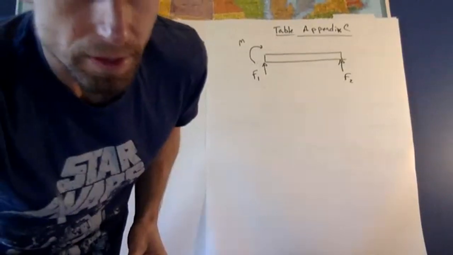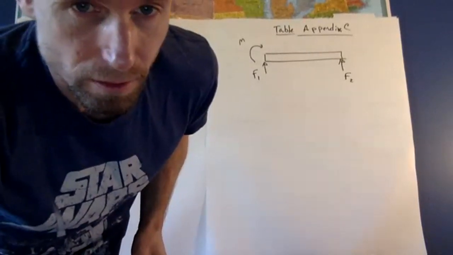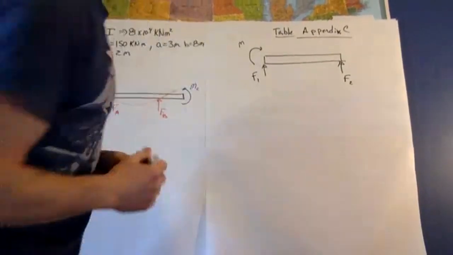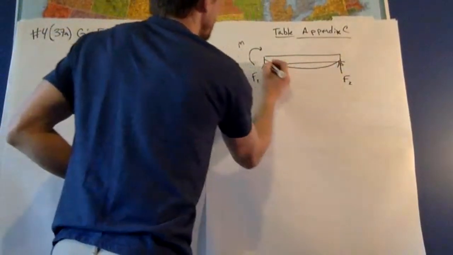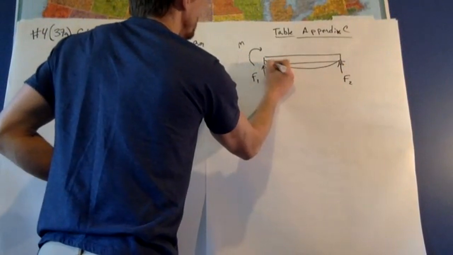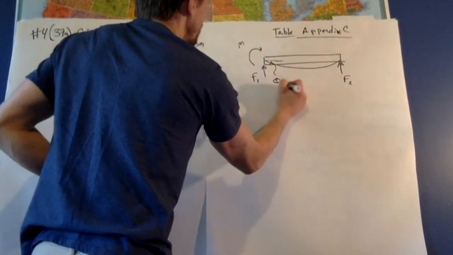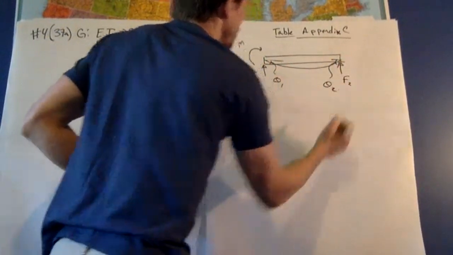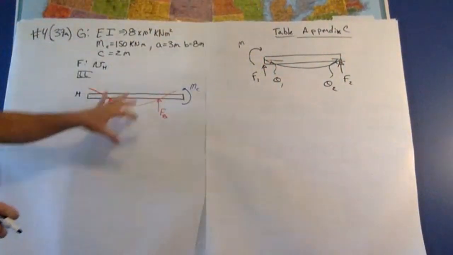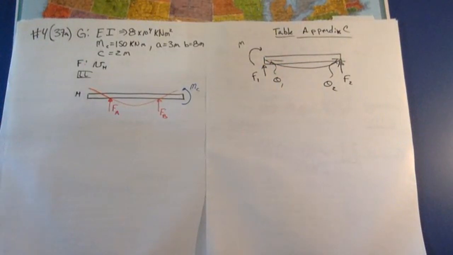I'm zooming up and seeing. Yes. So the curve looks like this, where the angle here is theta 1 and the angle here is theta 2. It kind of looks like what we're doing, but a little different.